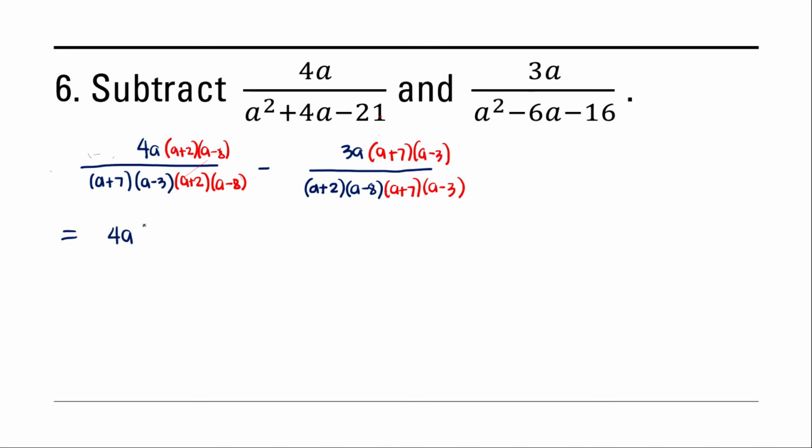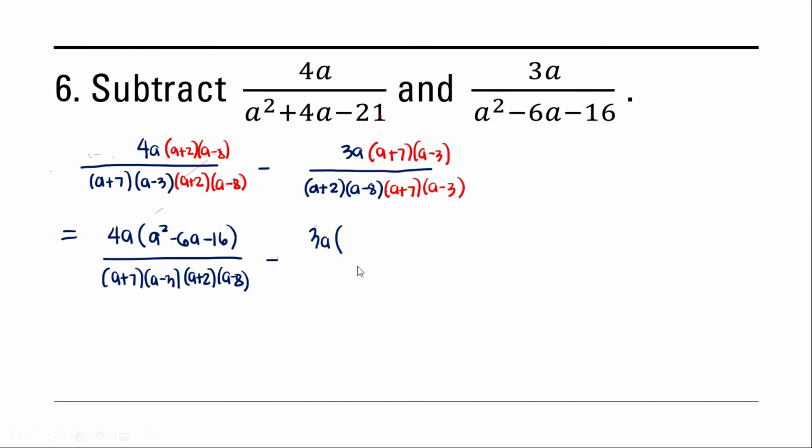So, next, we have 4a multiplied by the trinomial kung saan galing itong dalawa na to, and that is from a squared minus 6a minus 16 all over a plus 7, a minus 3, a plus 2 times a minus 3 minus 3a multiplied by the product of these two, and that is a squared plus 4a minus 21, a plus 7, a minus 3, a plus 2, and a minus 8.